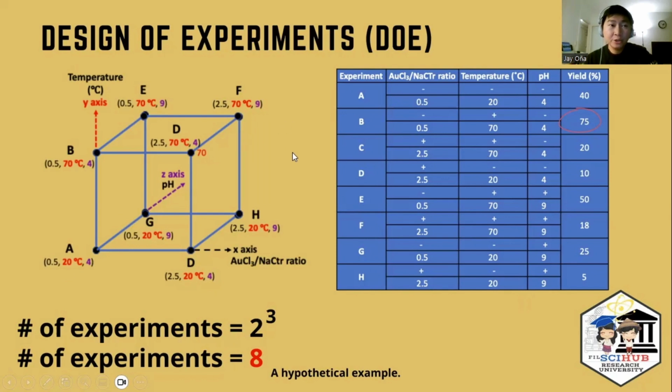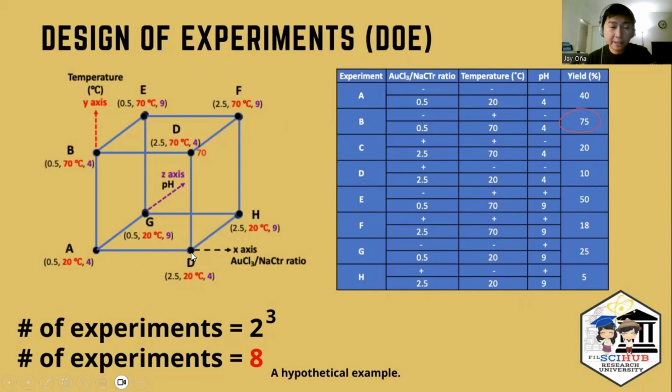So when we are trying to do design of experiments, we try to limit our conditions to bookend values. Let's say for these three different independent variables. So for the concentration of the reagents, let's say that you have 0.5 and 2.5 maximum.